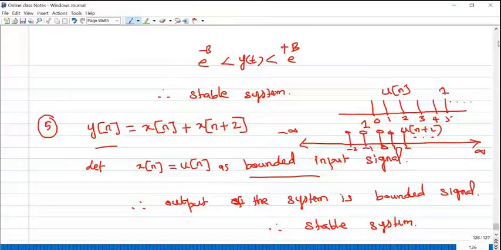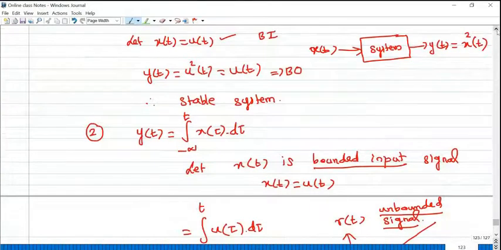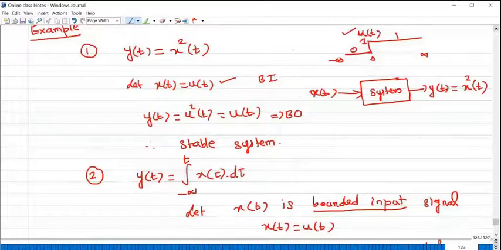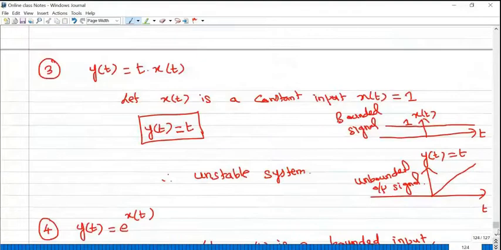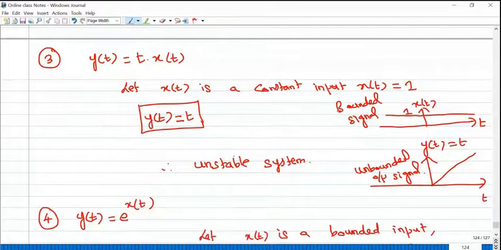So we are solving a problem. Most of the cases we are assuming x of t equal to u of t. Or in some cases we can logically check t times of x of t. If we assume x of t equal to a constant input 1, then y of t is equal to t. So it's an unstable system.